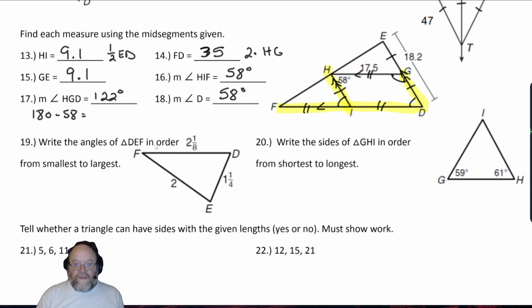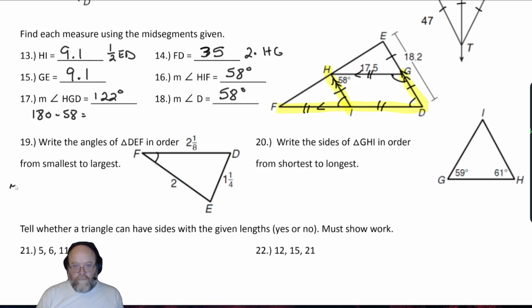Write the angles of DEF in order from smallest to largest. Big angles make big sides, small angles make small sides. So the smallest side is made by the smallest angle. DE is made by F. The angle determines how big the opposite side is. So F is the angle that's opposite DE.